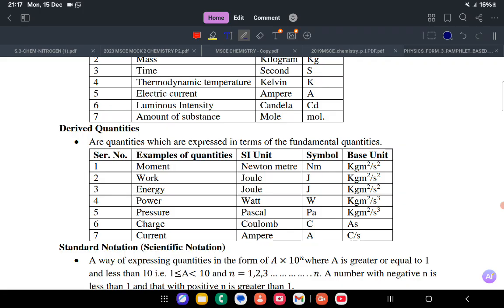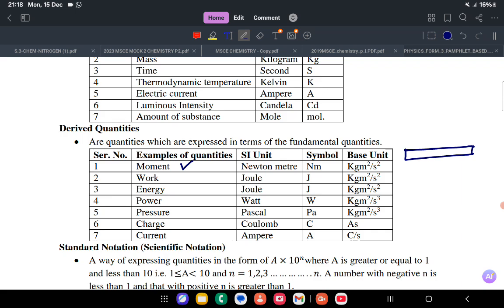All right, so some of them here include moment of a force. What is moment? Moment of a force is not about time. It is about turning.